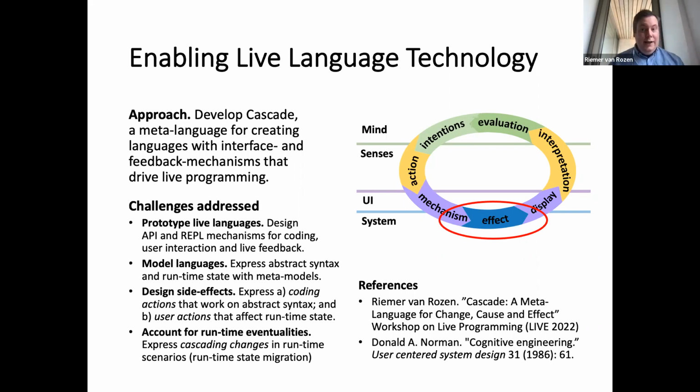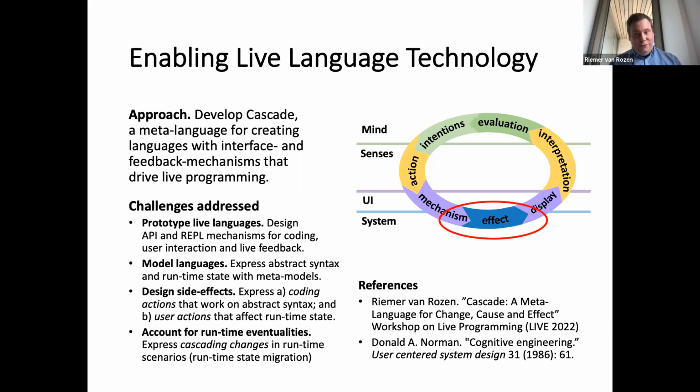And finally, and this is a very difficult one and a very important one, Cascade helps you account for runtime eventualities. And that means that you can express runtime scenarios and runtime state migrations using Cascade by planning what will happen in the future and based on all kinds of conditions. And this is hard.